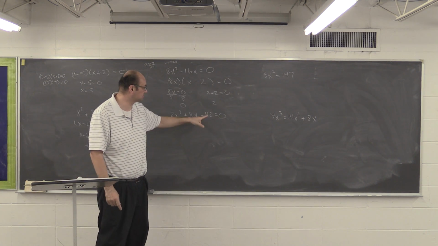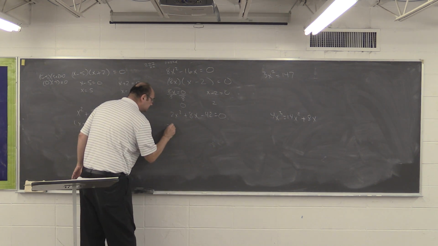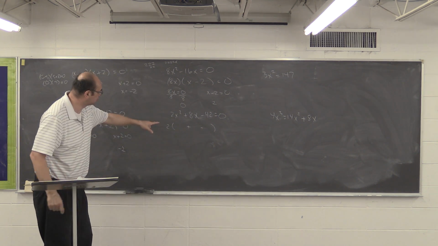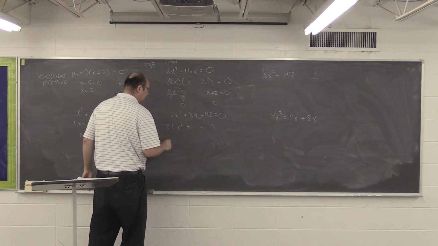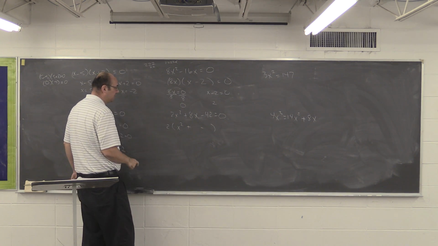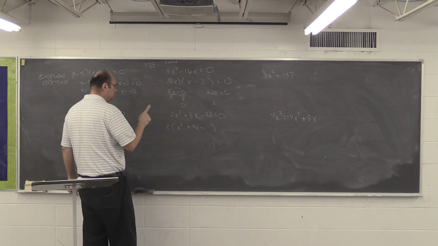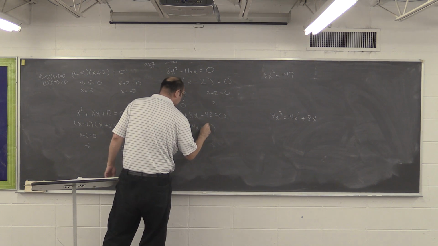No, we can't because we don't have an x in the third term. So we're going to take this 2, and then again we're going to put our plus and minus and fill it in. 2 times what is 2x squared? Well, that would be x squared. 2 times what is 8x? That would be 4x. And 2 times what is 42? That's going to be 21.